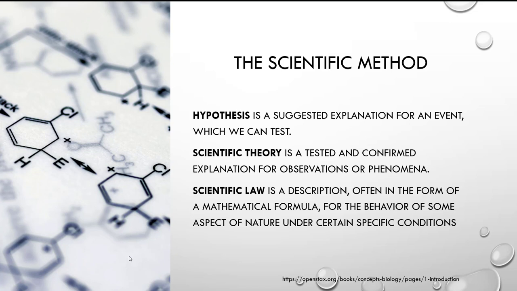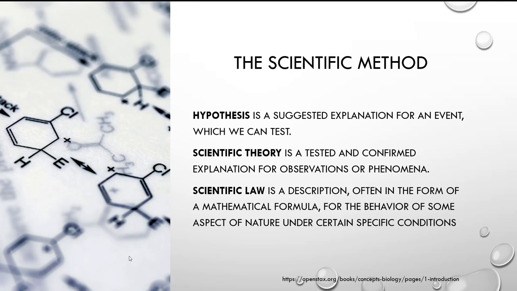A scientific theory is kind of like a hypothesis, but it's been tested over and over and over again, and it's been confirmed with lots of evidence to support it. So it's a confirmed explanation for observations or phenomena.